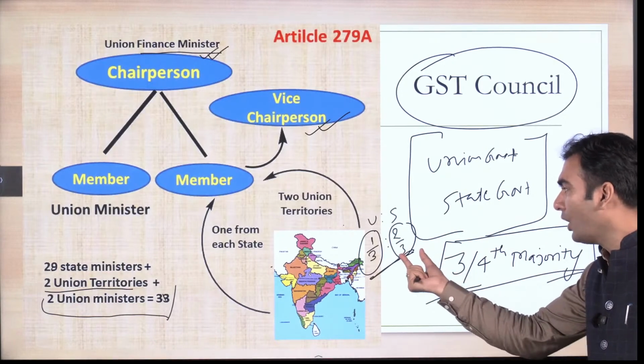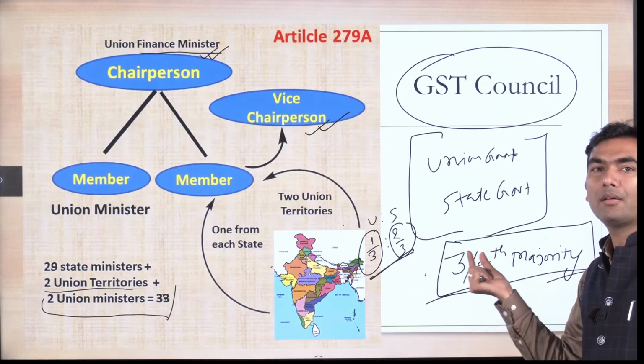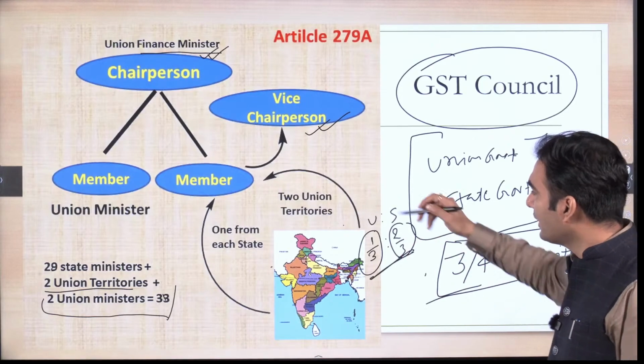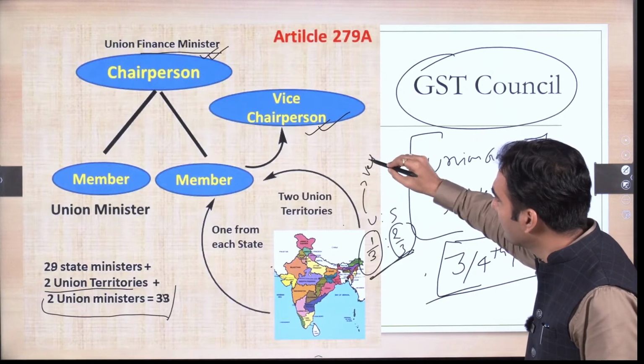So all states put together cannot pass any resolution in the GST Council. In a sense, you can say that the union has got a veto power.